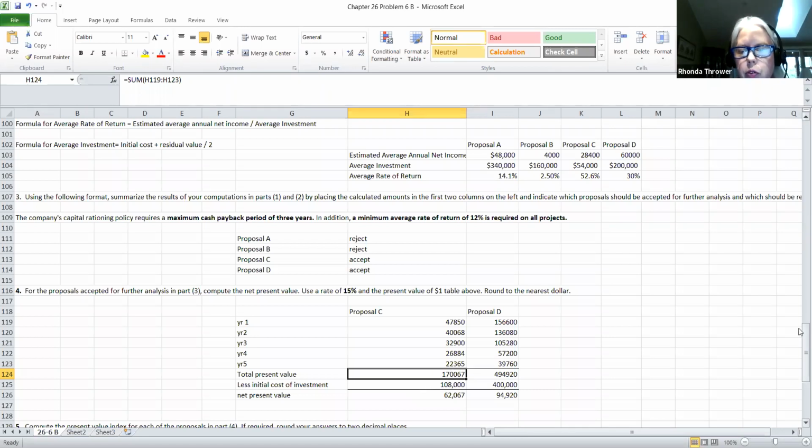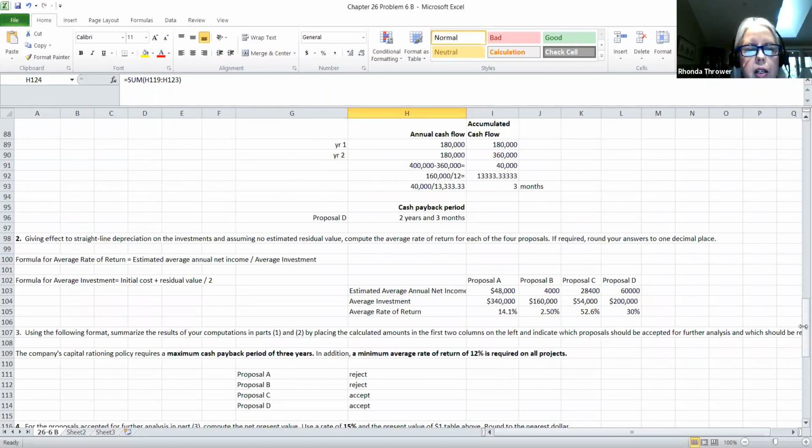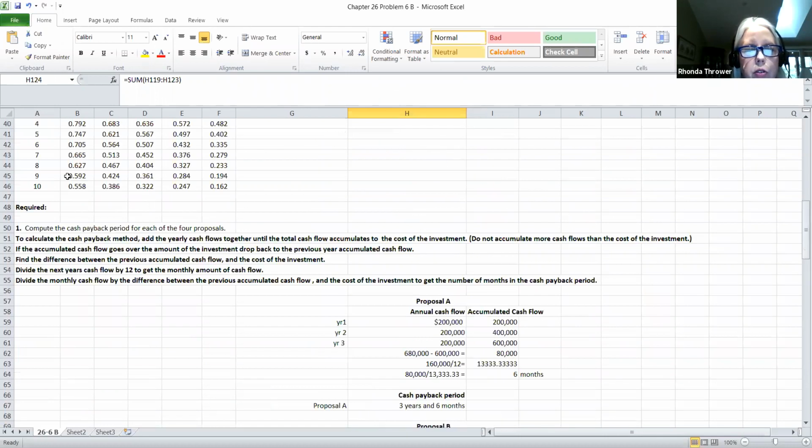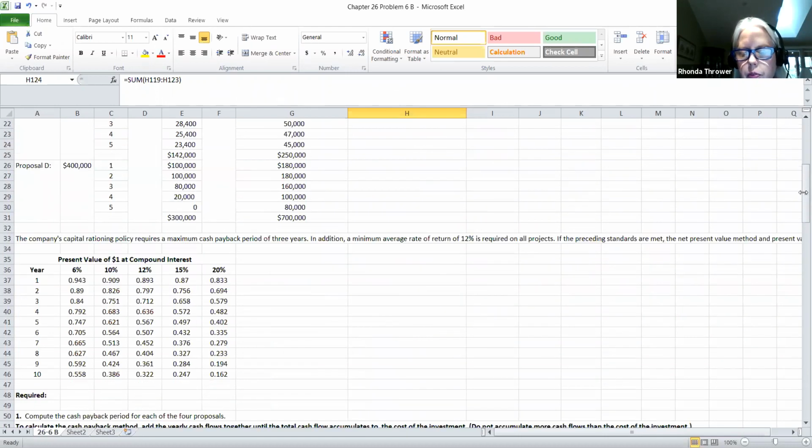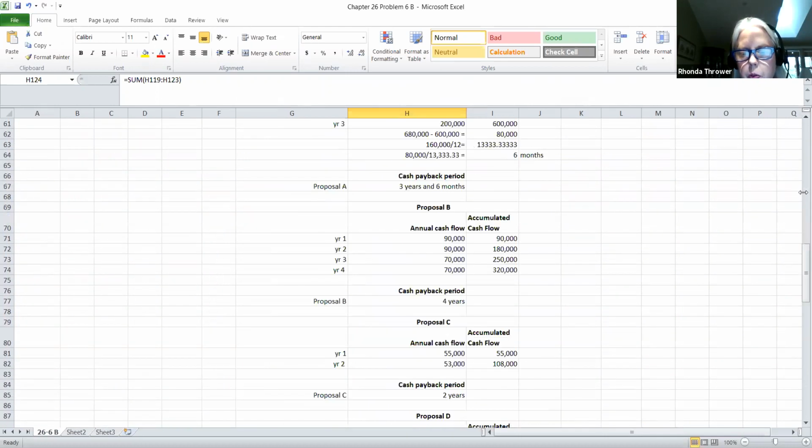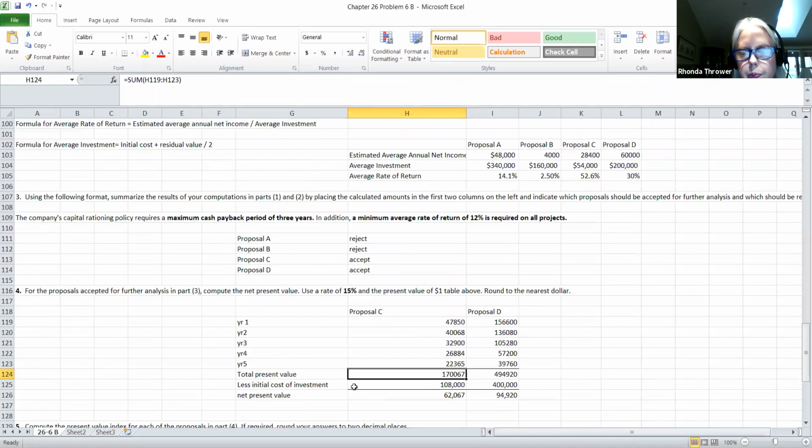The initial cost of proposal C is 108,000. Then we simply subtract the cost from the total present value, and that gives us a positive net present value of $60,067.